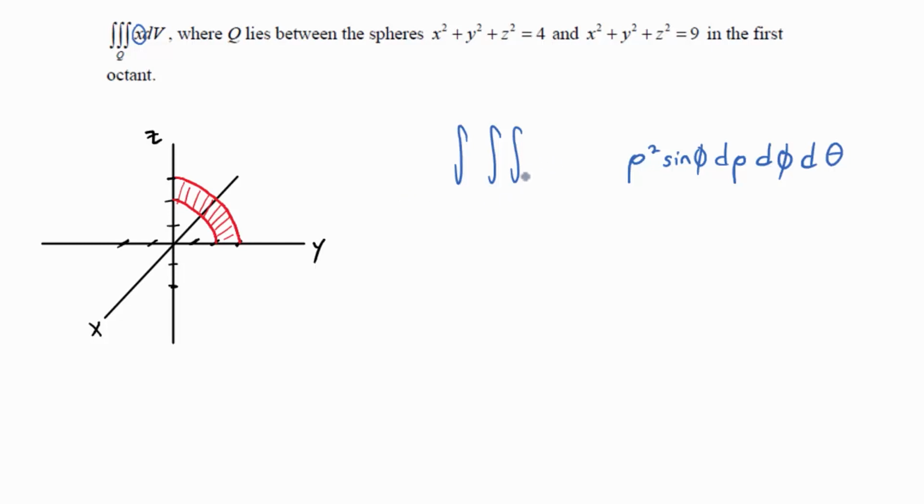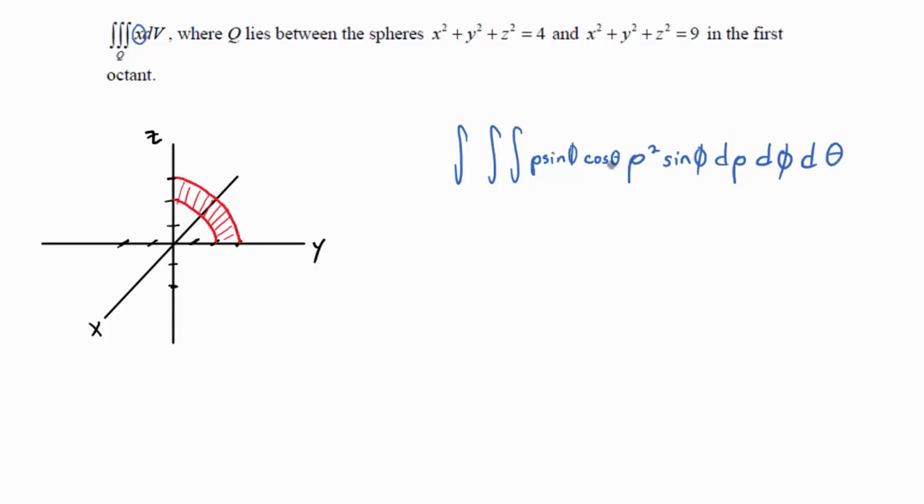X in spherical coordinates is rho sine phi cosine theta. That sounds better.